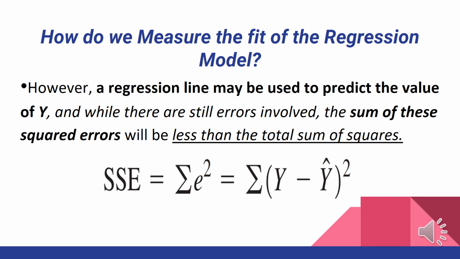However, a regression line may be used to predict the value of sales. And while there are still errors involved, the sum of these squared errors will be less than the total sum of squares. The sum of squared errors equals the sum of (actual sales minus the predicted value of sales) squared.